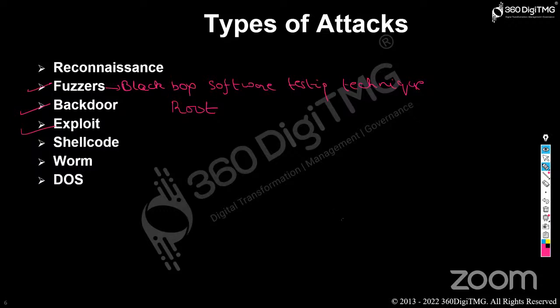Then we have something called worms. A worm is a type of evil program designed by cyber criminals that can self-replicate from one system to another, without the need for someone to execute a file or transmit the infection to the other system.